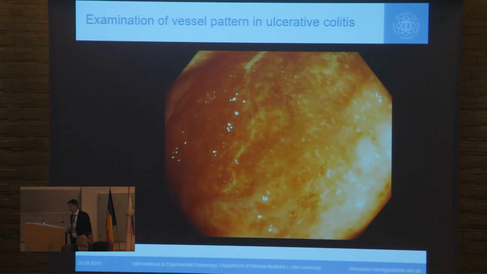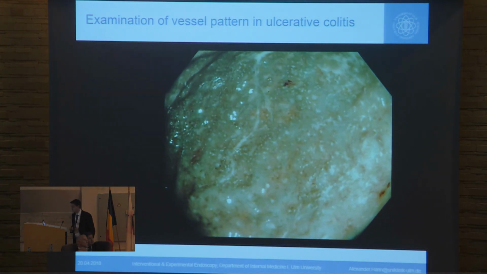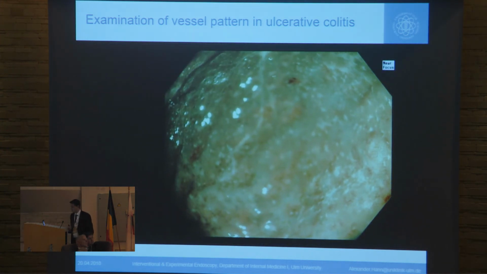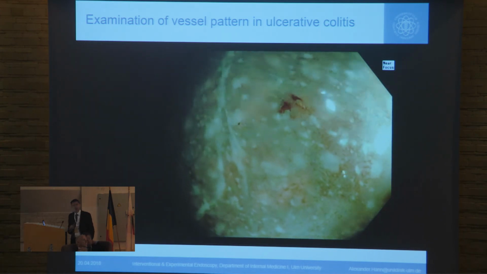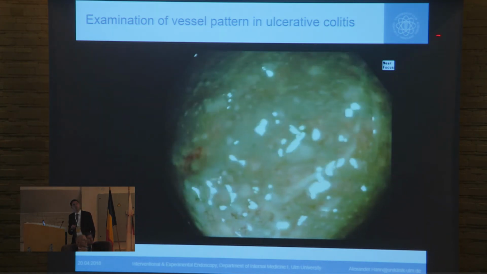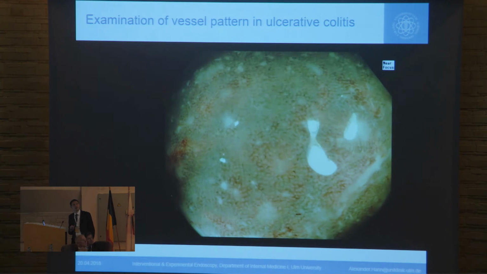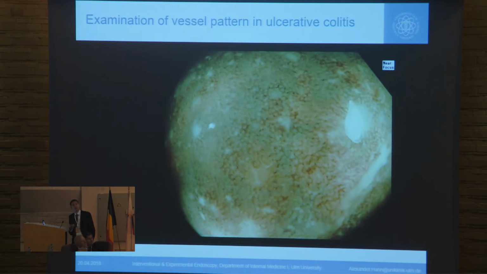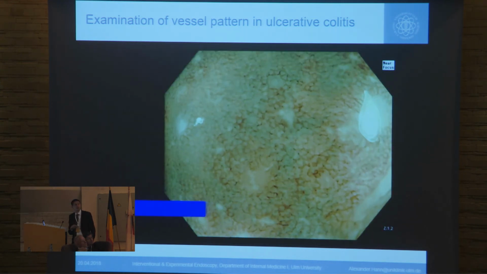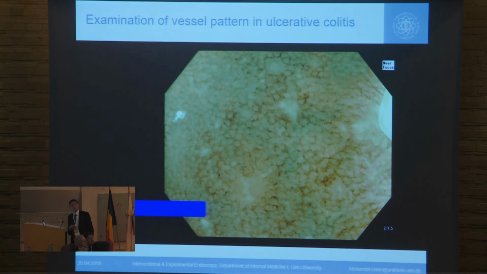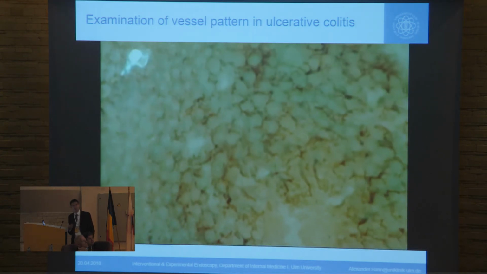This is another example where we were looking at colitis, so it's a minimal colitis, and the endoscope already has features like near focus, and built-in features like digital zoom of up to 1.5 times the normal image.